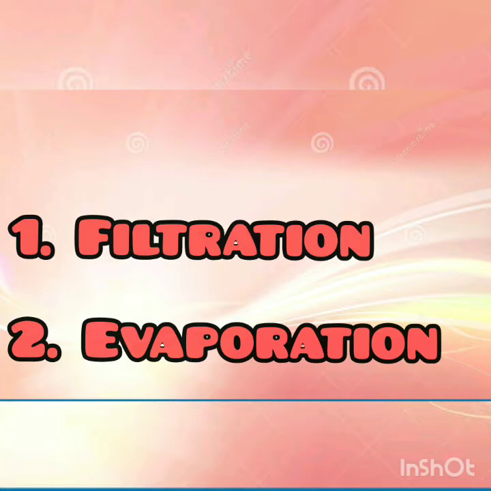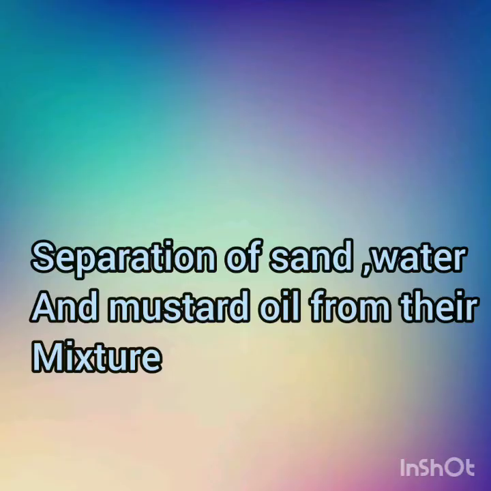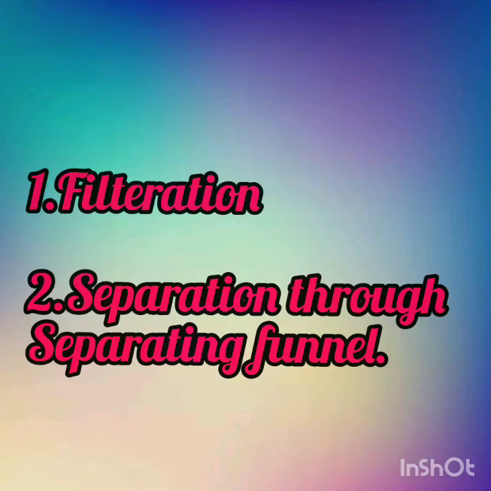The third example we have is the separation of sand, water and mustard oil from their mixture. In this mixture, we have three components: sand, water and mustard oil. Now we know that sand is a solid which is insoluble in water as well as mustard oil. On the other hand, water and mustard oil are immiscible liquids which form separate layers.